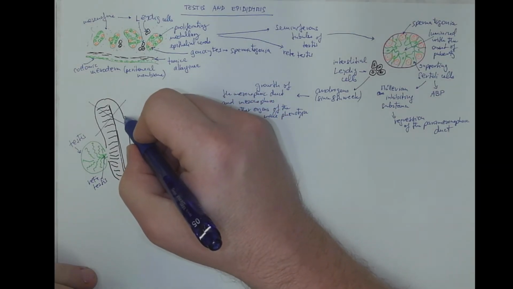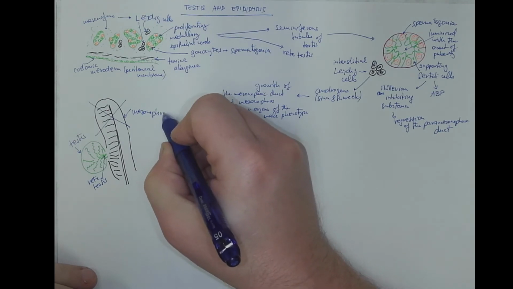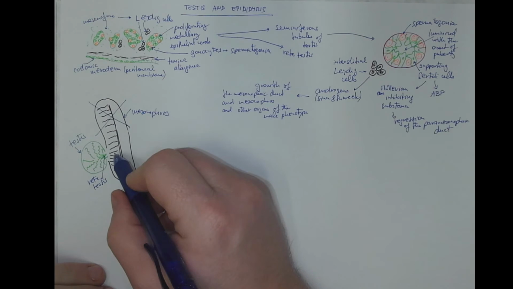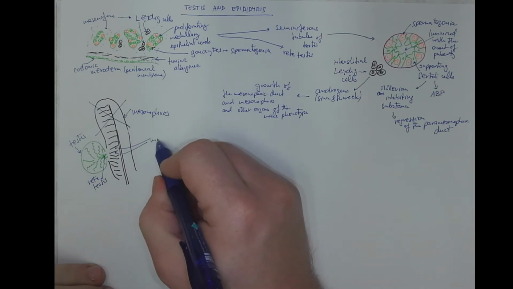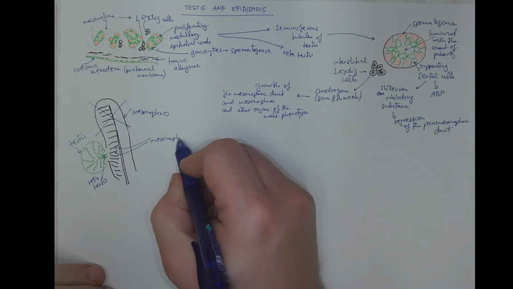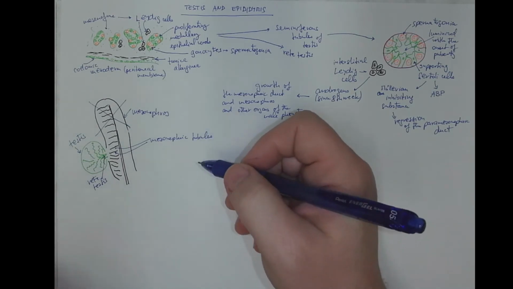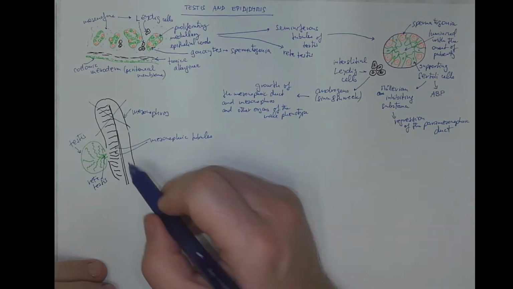And this is the mesonephros. And the mesonephric tubules, many of these. They will actually join the rete testis.